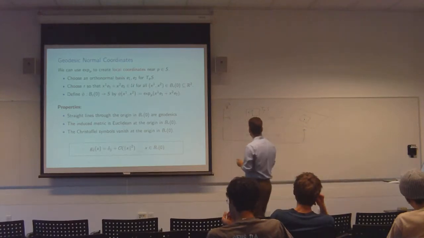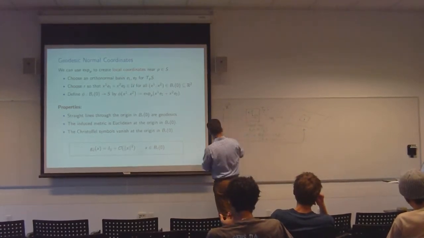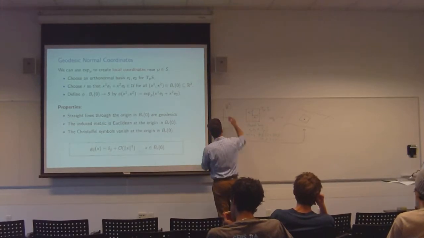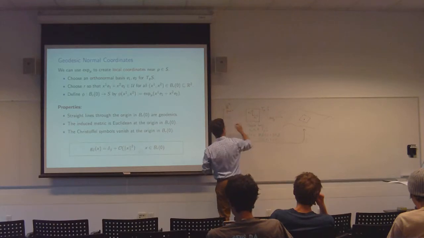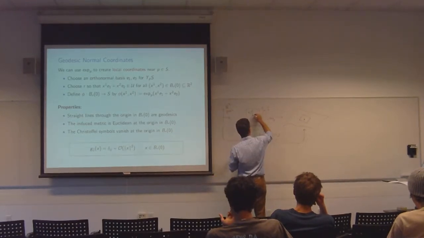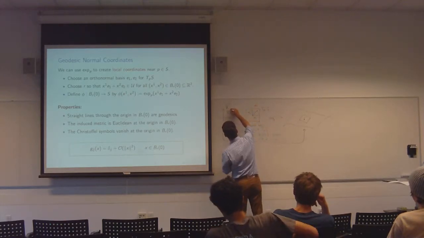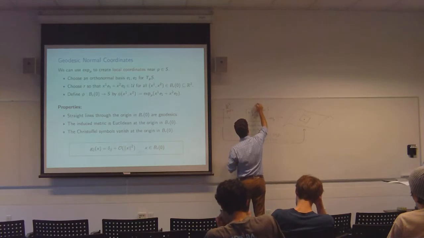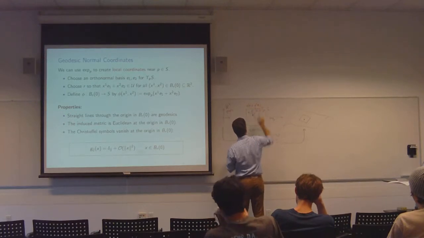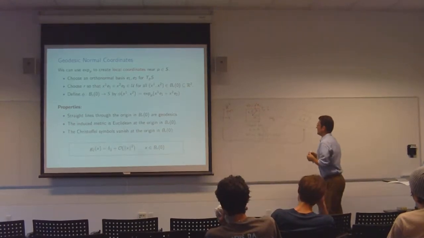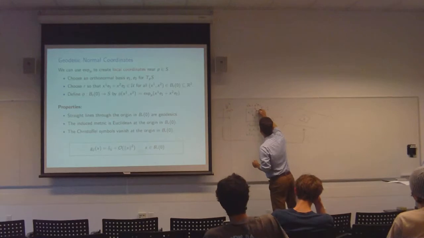Okay, and so now you can take a point x1, comma x2 in R2, and in fact you get a vector x. I should put the ones upstairs. You get a vector x1 e1 plus x2 e2. So this is how you do it.